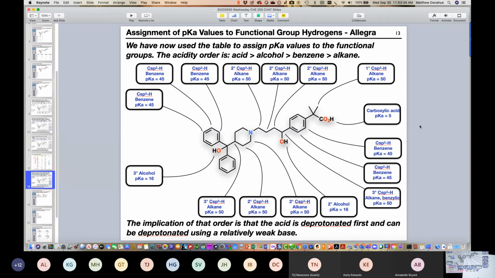Say you look at our molecule here, Allegra. If you treat this molecule with one equivalent of a base, the carboxylic acid is the first hydrogen that is abstracted because it is the most acidic.